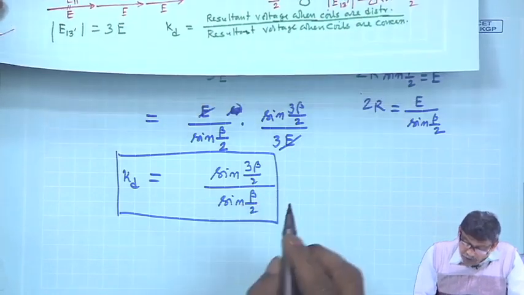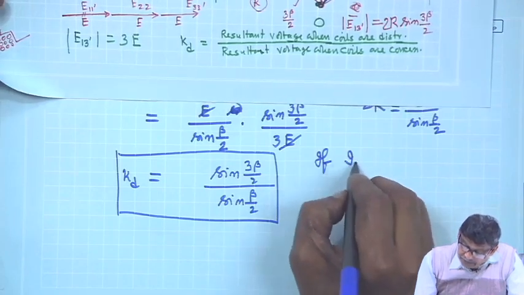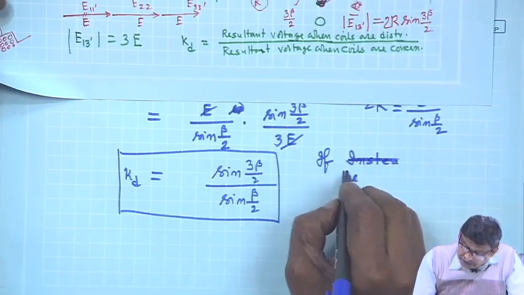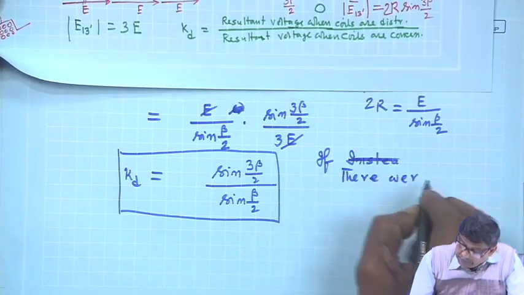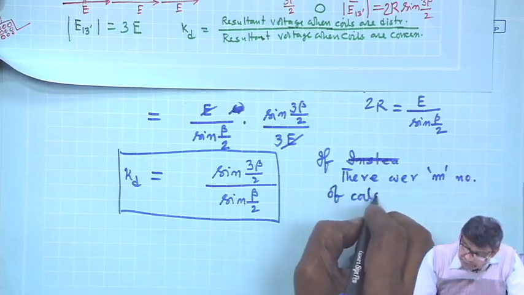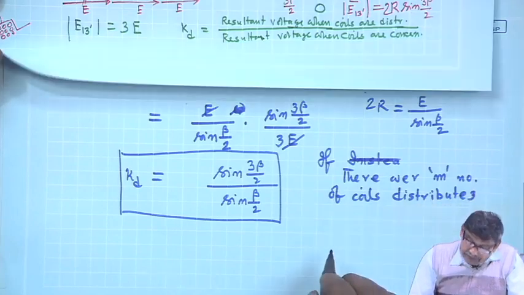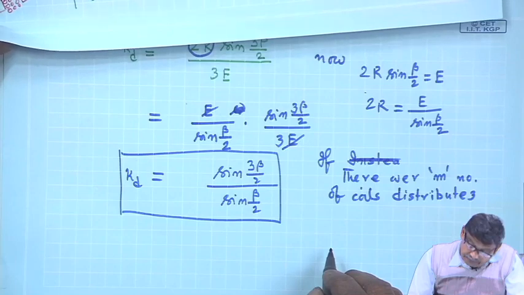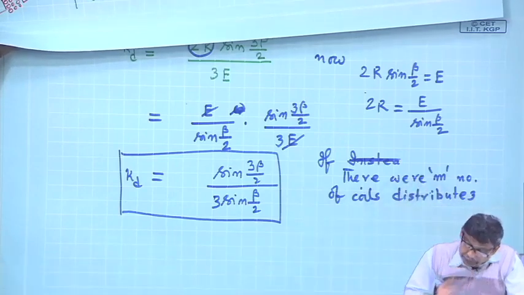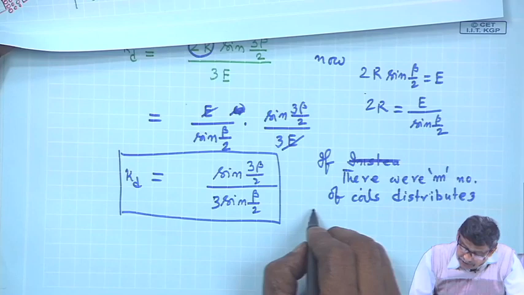It can be generalized: if there were m number of coils distributed, with angle beta between them, then in general K D is obtained by replacing 3 by m.